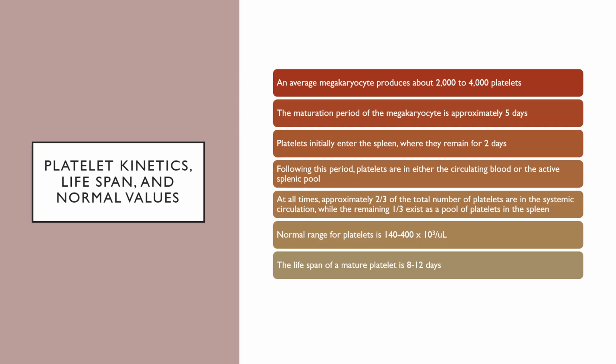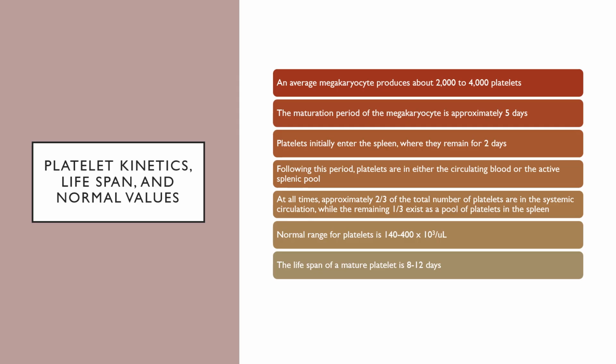Platelets initially enter the spleen once they're released from the bone marrow, where they remain for about 2 days. Following this period, platelets are either sent out into circulating blood, or they remain as part of the splenic platelet pool.